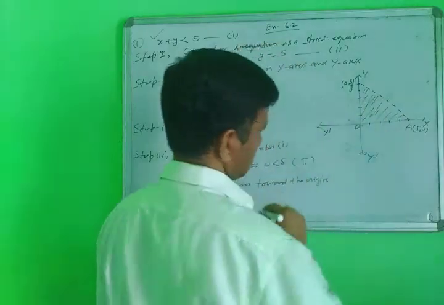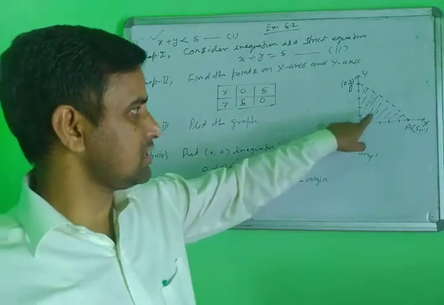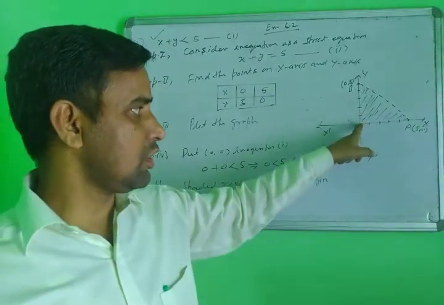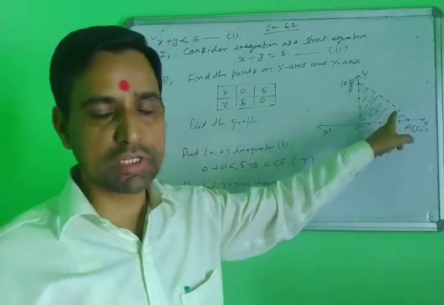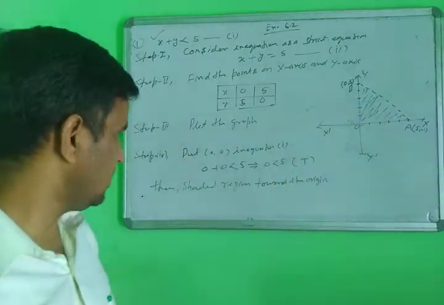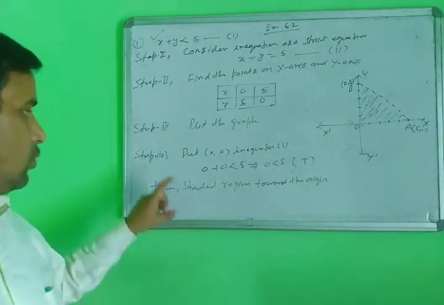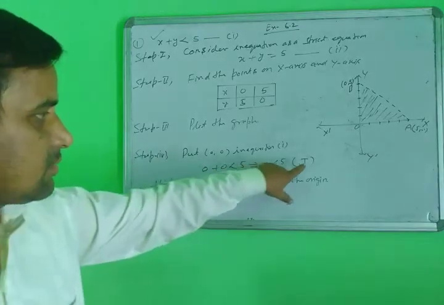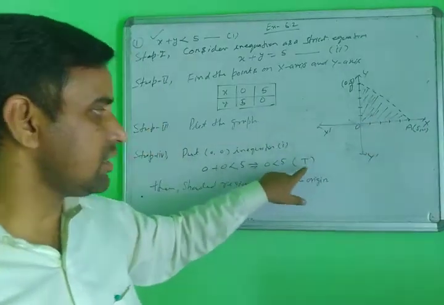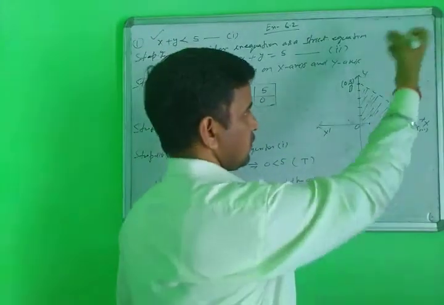This is your origin. Between the origin and this dotted line, neither the origin nor the dotted line is included. The portion between them is your solution region. So this is your complete solution. The fourth step is very important: if your condition is true, the region is toward the origin; if your condition is false, it is away from the origin.